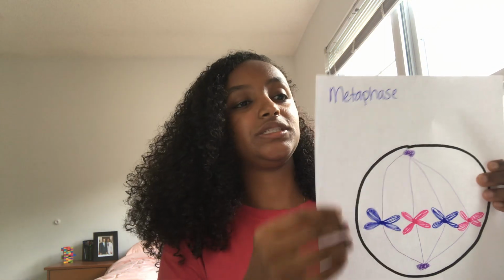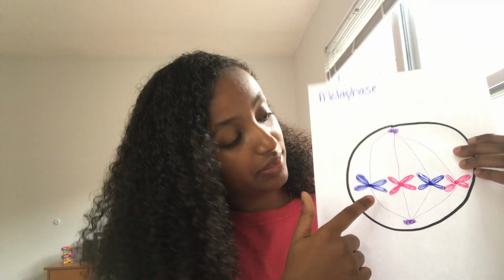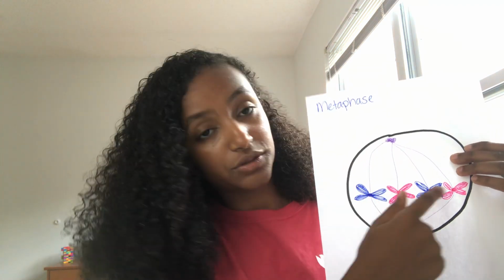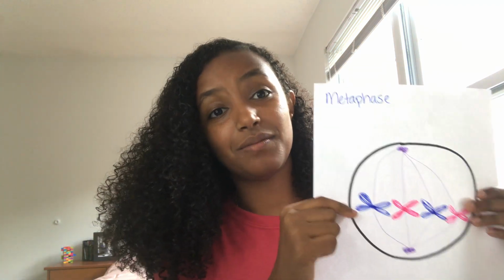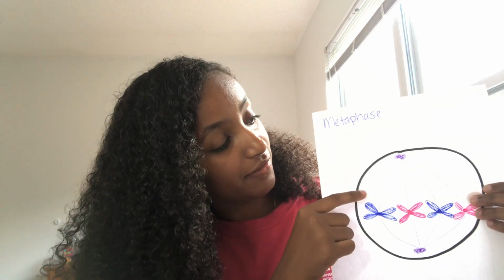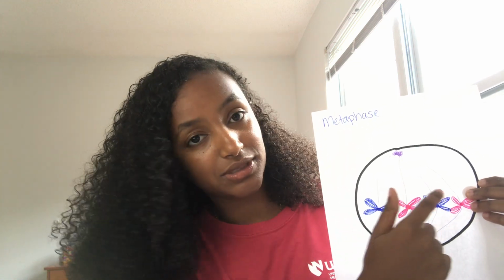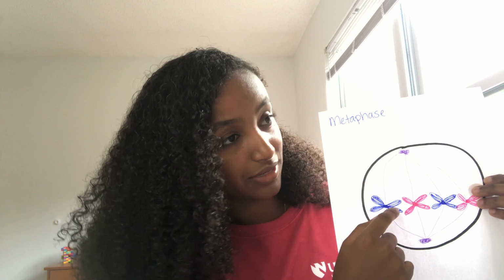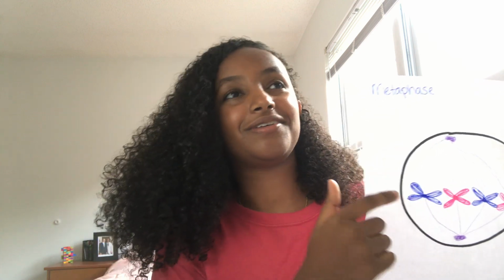And then that would lead us to metaphase, when the chromosomes would line up across the middle. So you have the microtubules attached to the kinetochores on the centromere.